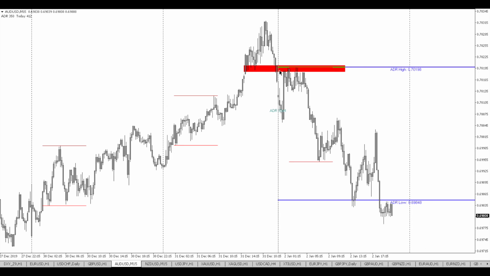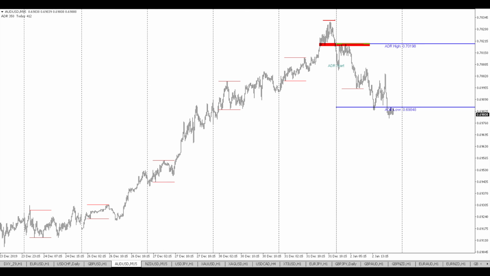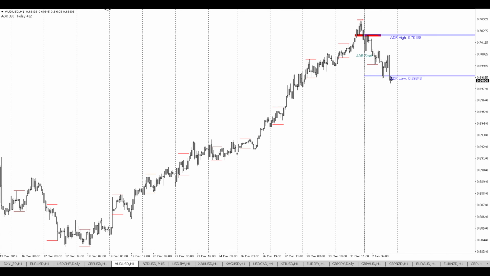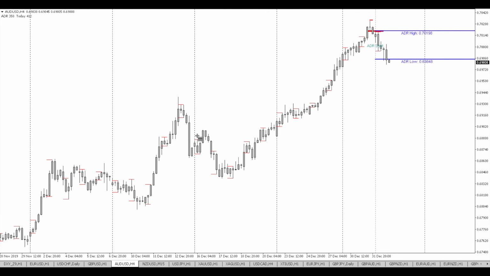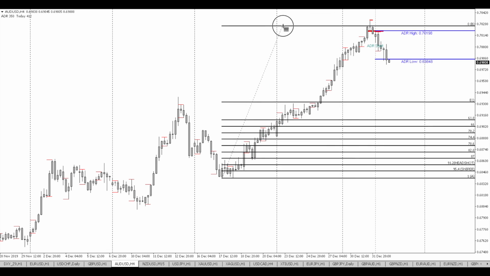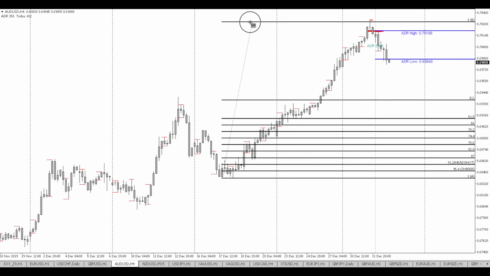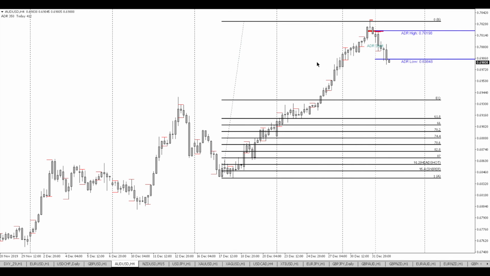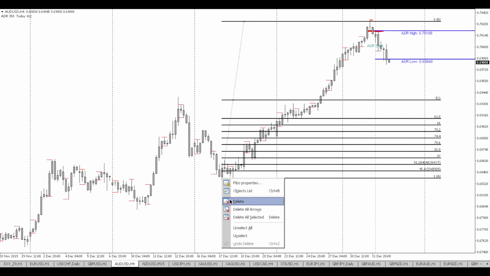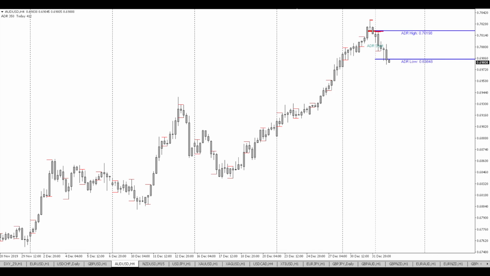So you could set a sell limit here. If price breaks through this region, your stop loss would be at the top here, and then you'd be looking for price to drop down wherever it may be, because obviously we've got a massive extended run on Aussie dollar right now. Wherever that may be, you'd need to see price pull back and then continue up or down.